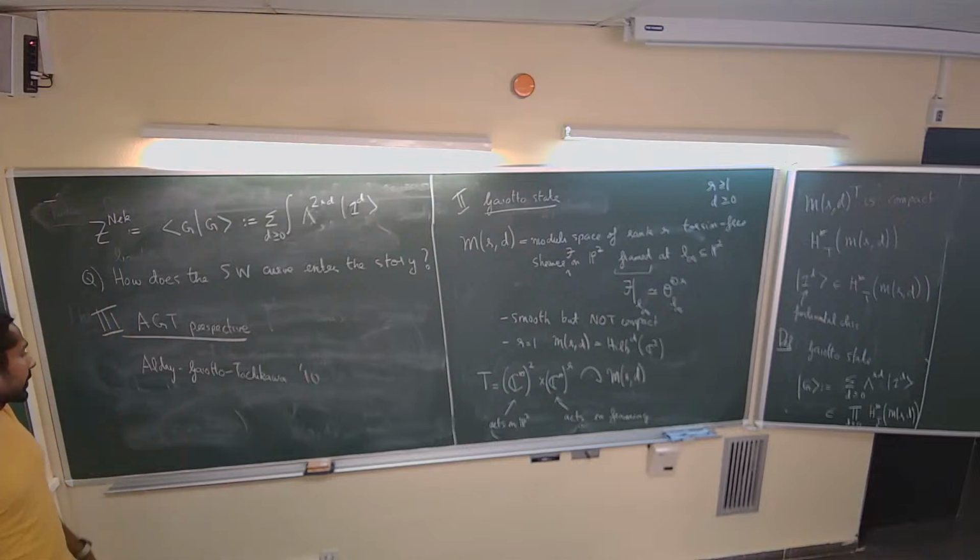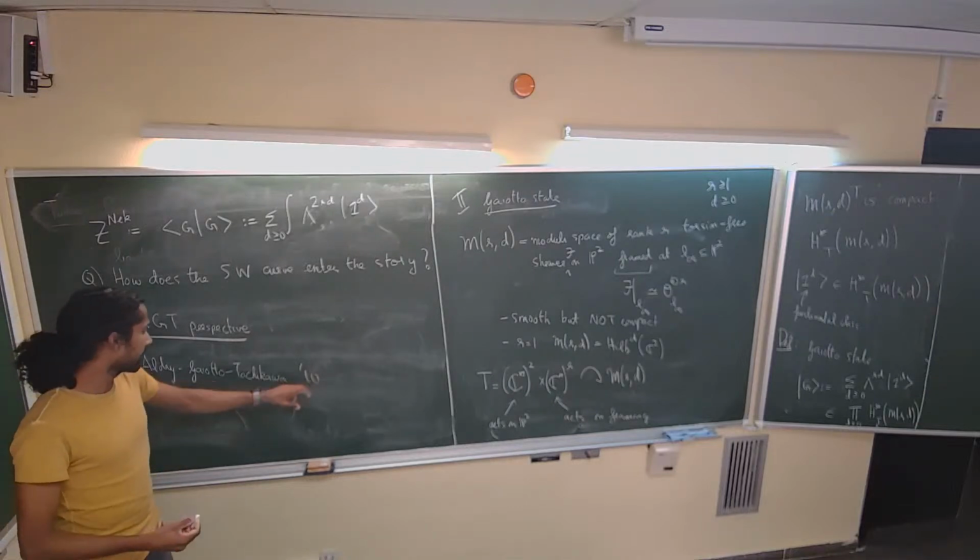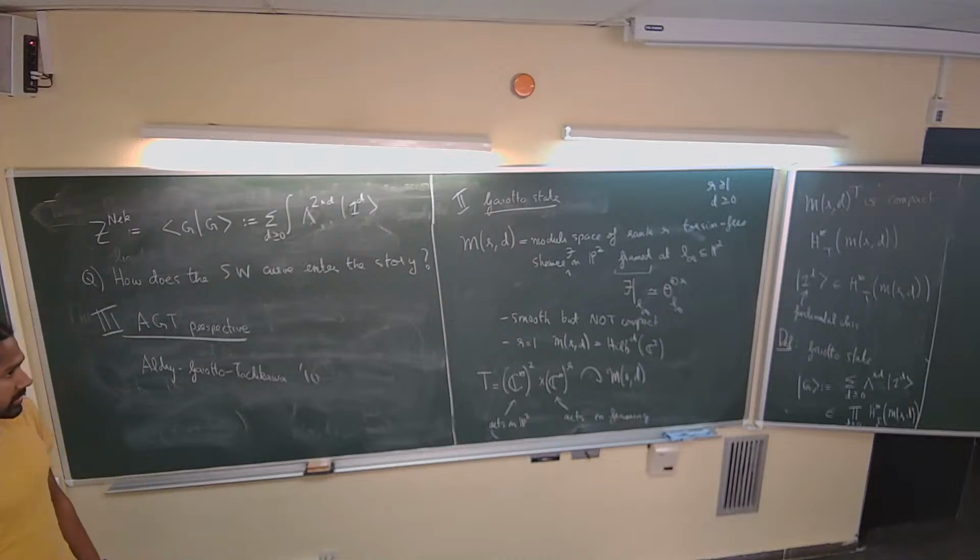Their intuition comes from the following. You take some six-dimensional field theory, and then you can compactify it on a two-dimensional surface to get a four-dimensional gauge theory, or alternatively compactify it on the four-dimensional side and get a two-dimensional conformal field theory.